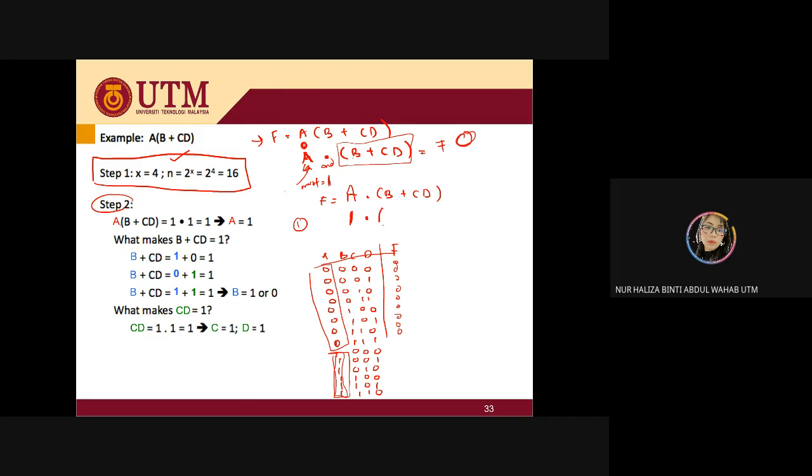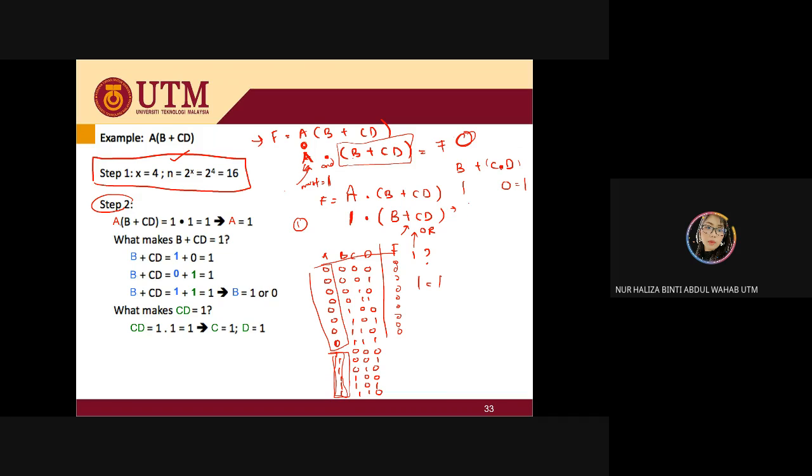And the rest, how to get this part to be 1? B plus CD. This is OR gate. OR gate means if, let's say, you have at least 1, you will get 1, isn't it? So it doesn't matter, let's say you have B, C, D. If my B is 1, my CD is 0, you will get also 1.